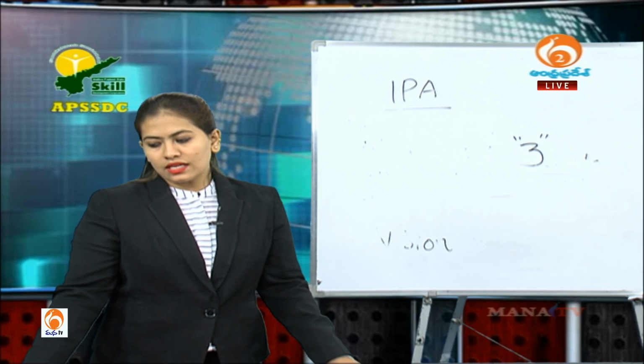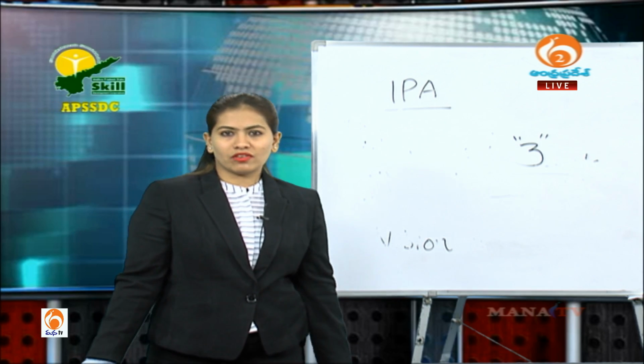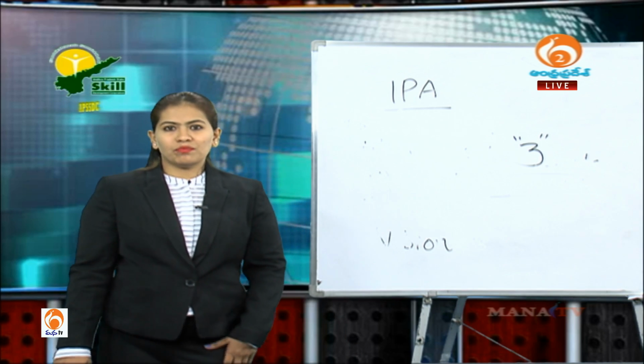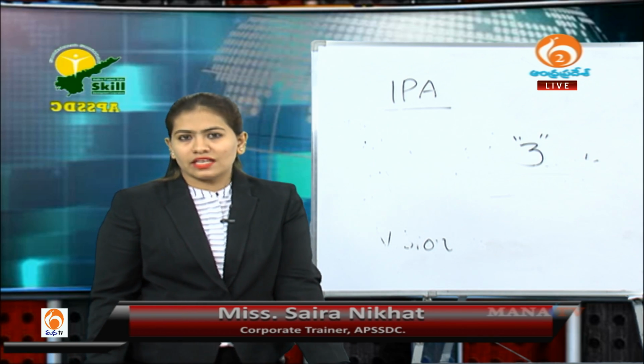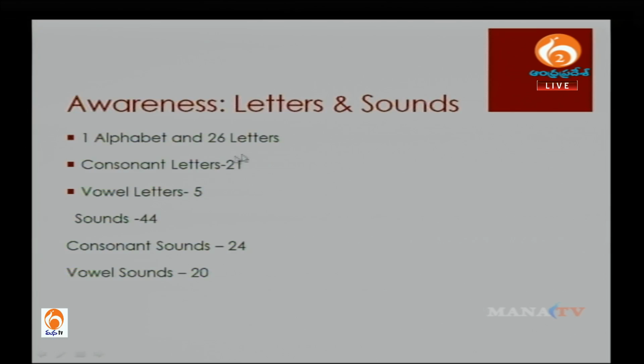The next slide, in terms of awareness, it's very imperative that I understand there are 26 letters in the English language, an alphabet, and there are 44 sounds in the English language. There are 21 consonant letters and there are 5 vowel letters.